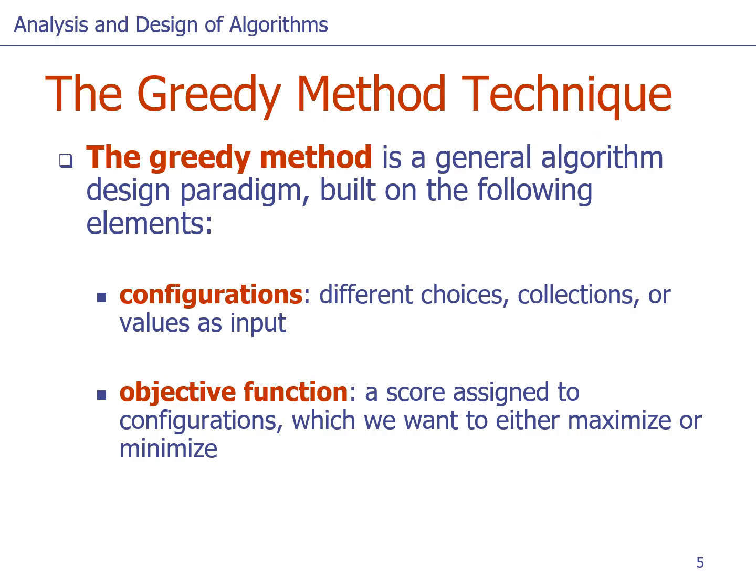Now, before I show you the algorithm design, let me refresh your memory with the greedy approach. We said that the greedy approach is quite simple. There are 2 components to the greedy approach which you have to come up with. What we call the configurations, which is a fancy name for the choices that you're going to pick from. And an objective function, which is some kind of a mathematical function that enables you to pick from the choices in front of you.